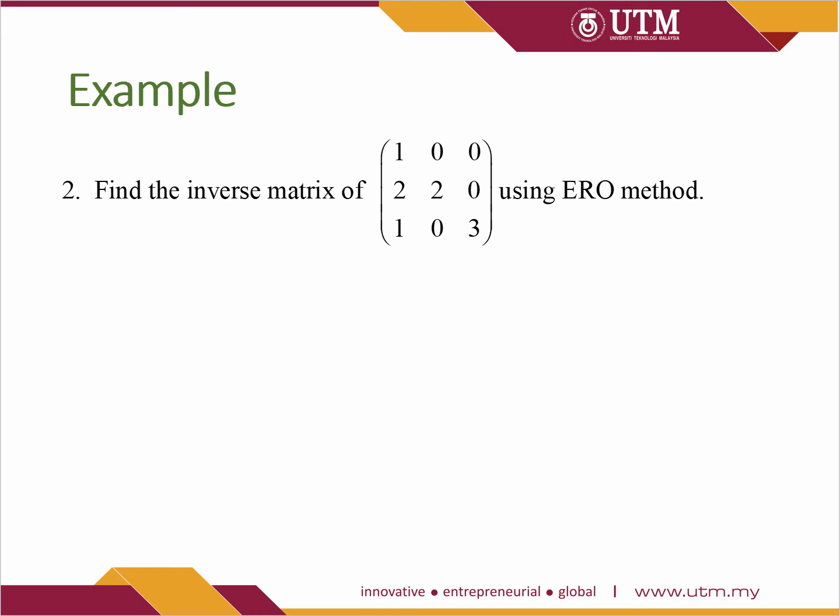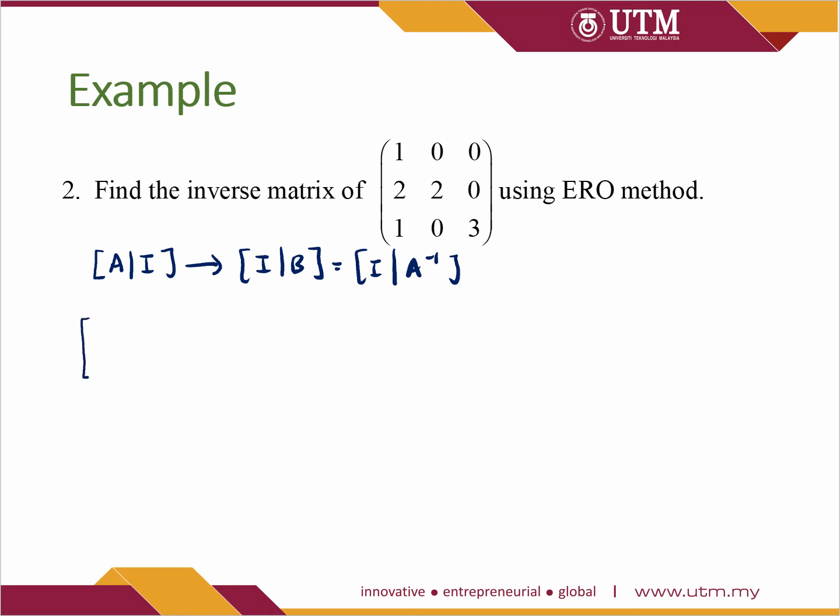Here what we need to do is we have to write this matrix in terms of an augmented matrix. So we want to change from AI to IB, where B is the inverse matrix of A. So our A is given by this matrix.